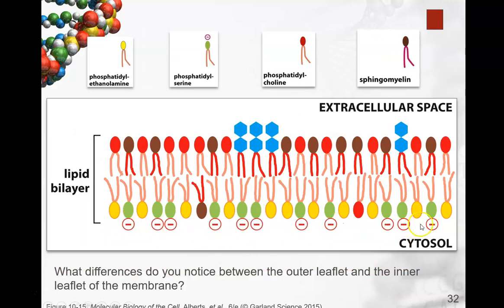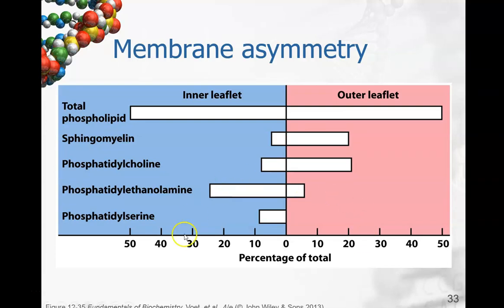So that means our negatively charged phospholipids are located on the inner leaflet facing the cytosol, so you do have a charge difference across the membrane. We can note that here too, and we see that the phosphatidylserine is 100% located in the inner leaflet, whereas for the other lipids, we can say that sphingomyelin and phosphatidylcholine are more likely to be found on the outer leaflet, and phosphatidylethanolamine is more likely to be found on the inner leaflet.